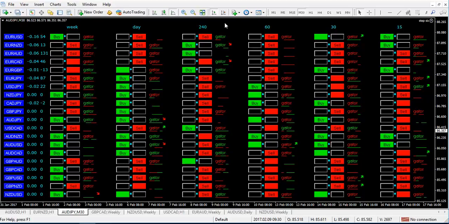If things swung against you, just say, for instance, you were short. Well, I am short. Let's say EURAUD. Right now, I'm short 0.6 of a mini lot. Right now, I have an ALMA going up.